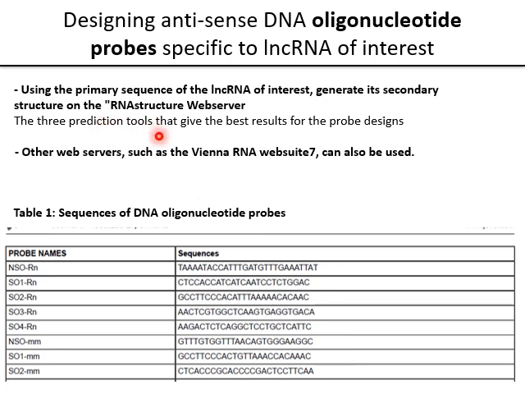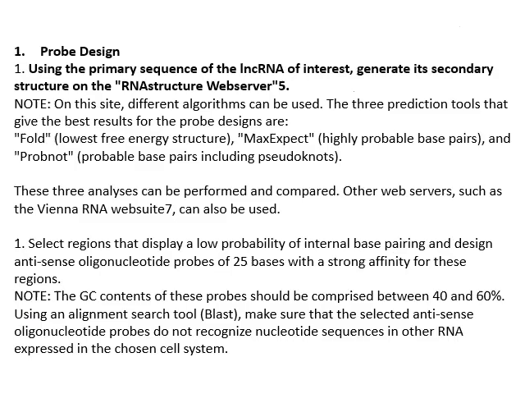There are many websites we can use to generate the secondary structure for the RNA, such as the RNAstructure web server or the Vienna RNA web server, and I will also talk about other servers that we can use for this purpose. Here are some examples of the sequences of the DNA oligonucleotide probes. They're just some names of the probes.